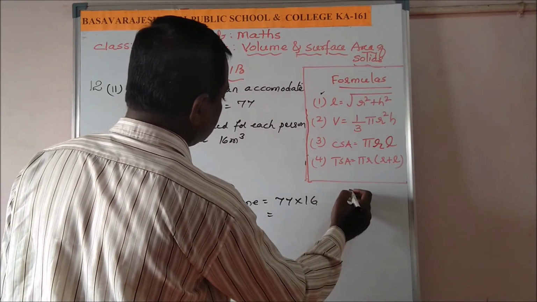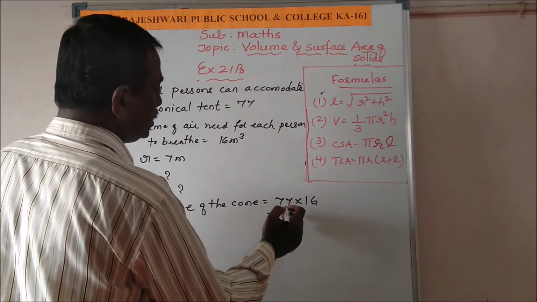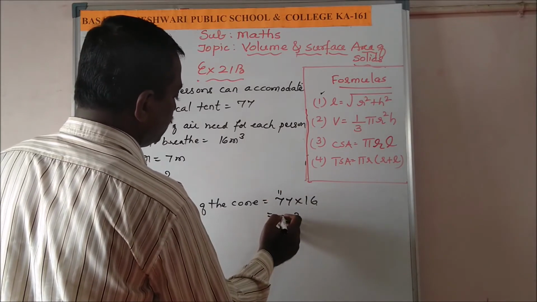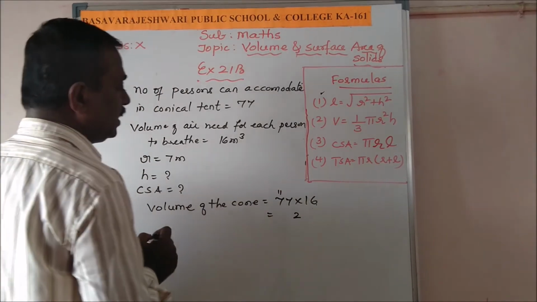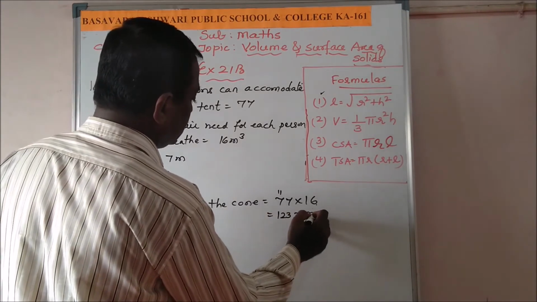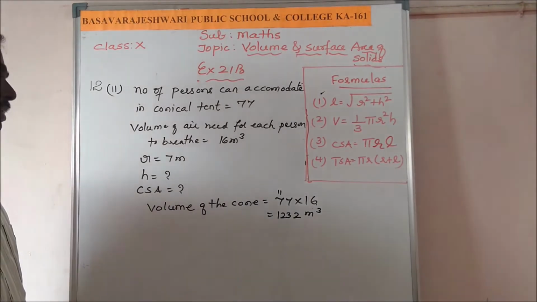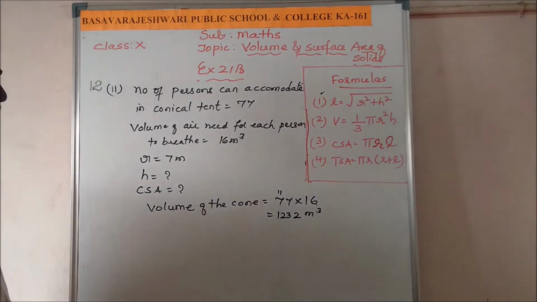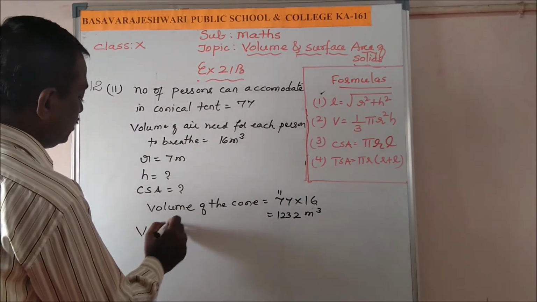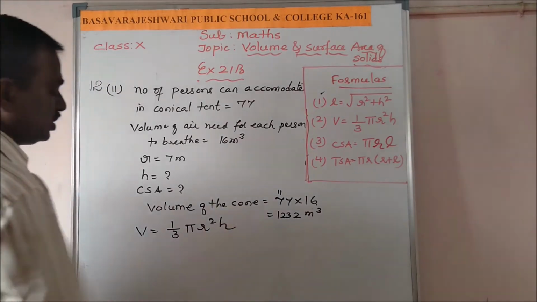16 times 7 is 112, so the volume is 1232 meter cube. That is the volume. Volume of the cone, we know the formula: V is equal to 1 by 3 pi r square h.